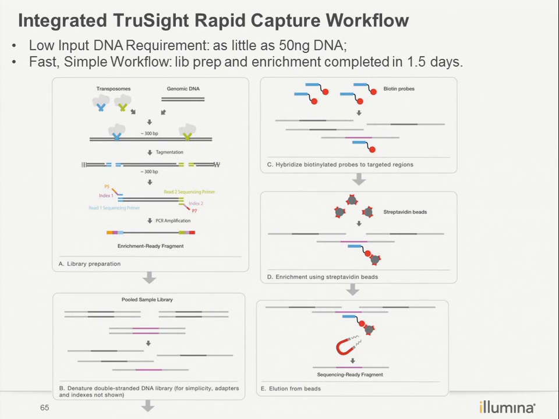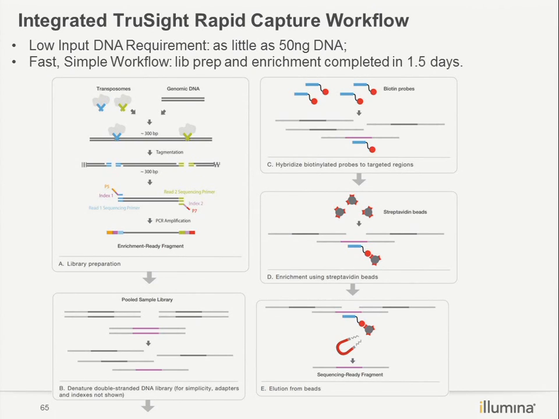The total library preparation workflow starts from fragmented DNA. Then we get this library, which covers all of the DNA area, and then we denature the double strand into single strands, and then we use a set of biotin labeled probes to capture only our regions of interest, and then use streptavidin magnetic beads to pull down these target regions, and finally get our targeted library.